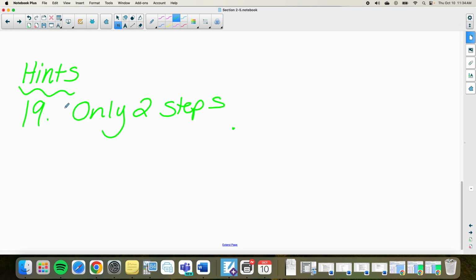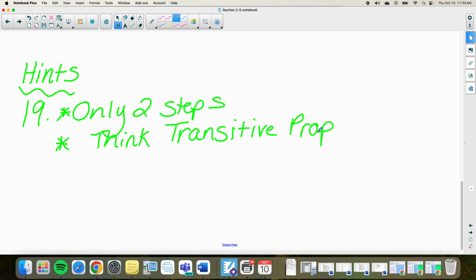And then I'm gonna say, think transitive. I just don't want you to do a whole bunch of steps and then realize you didn't have to do that. So 19's only 2 steps.